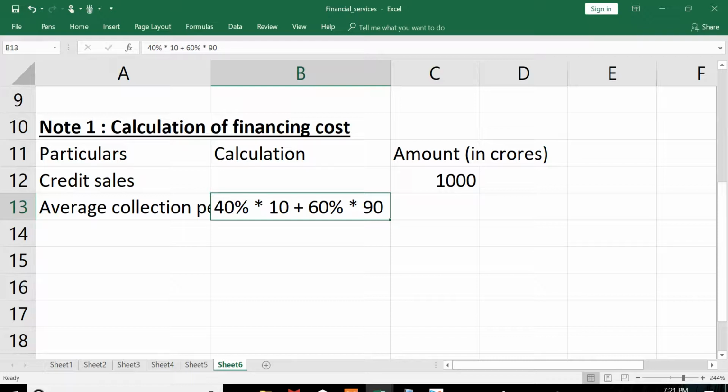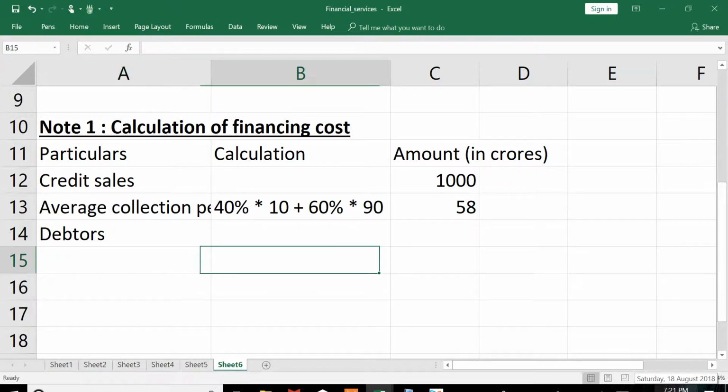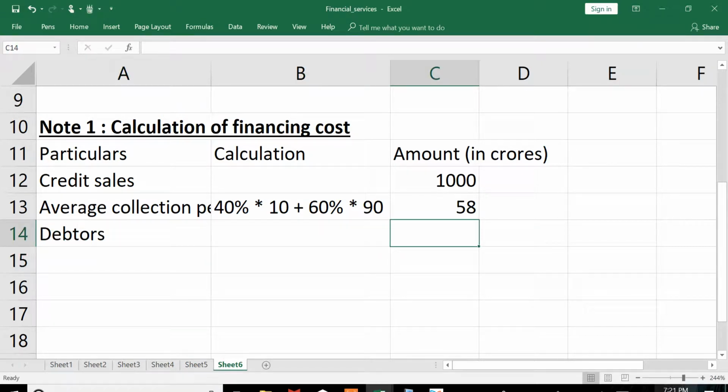This will give me the average collection period, and this only will tell me how much debtors I am going to have. The credit period could be 30 days, but money is coming in 90 days. So the average collection period is 58 days, and based on that, debtors with 2 decimals.